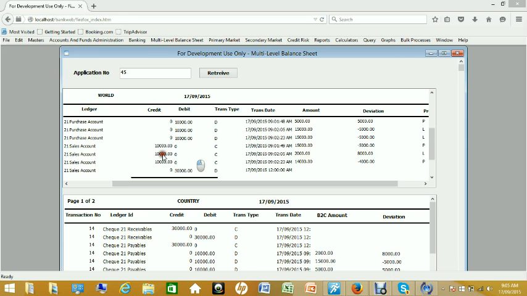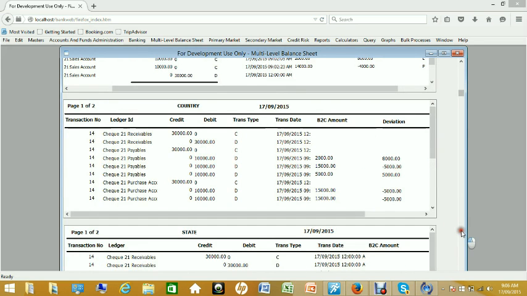And here we have 10,000 of target and we incurred 2,000, so the deviation is 8,000, so there is a loss of 8,000, so it is interpreted as loss. This is the way the rules based engine works, and this is how the interpretations occur on the balance sheet. Now I will show you even the multi-level feature.